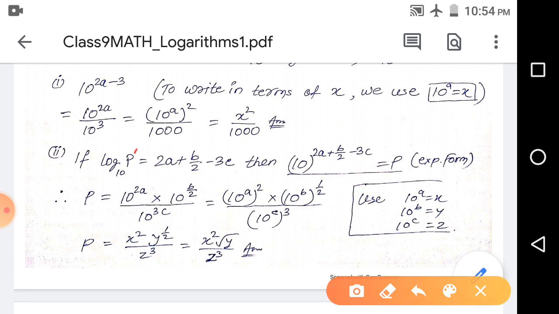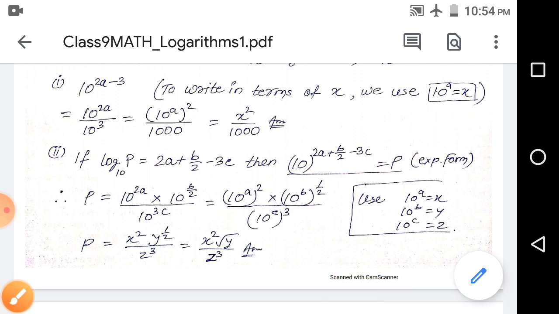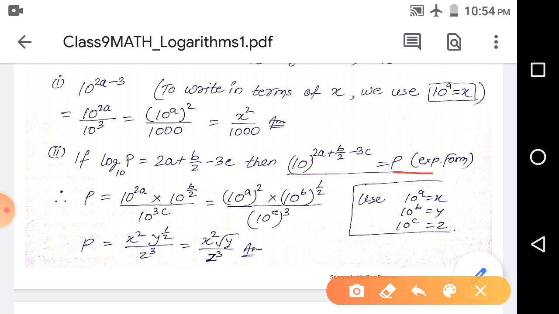Now we have to find this p in terms of x, y, z. So p equals 10 to the power 2a plus b by 2 minus 3c. So we can write, see, the powers are added and subtracted.